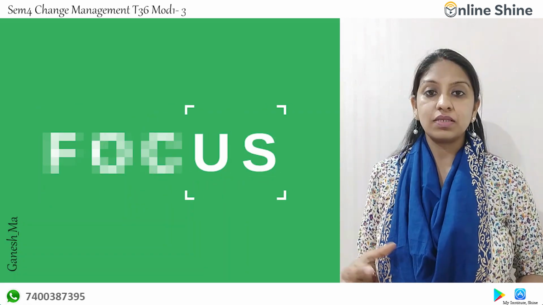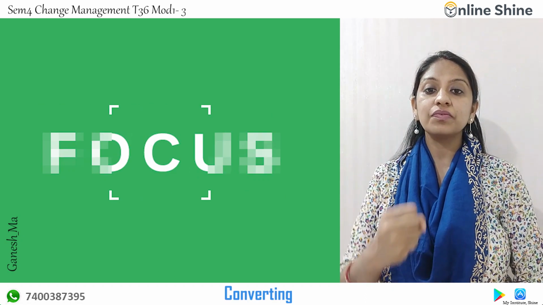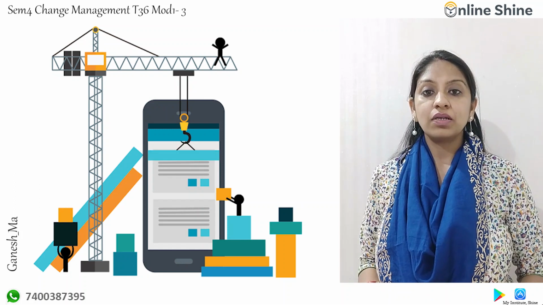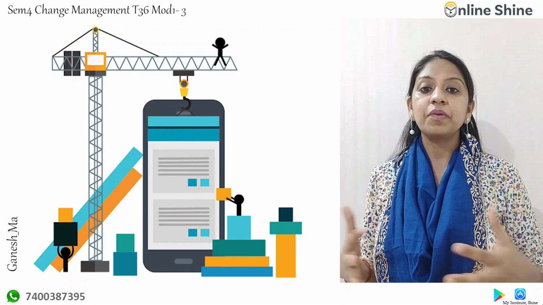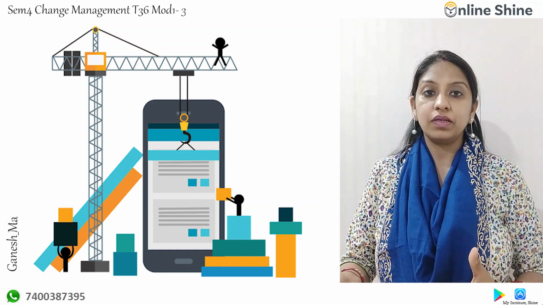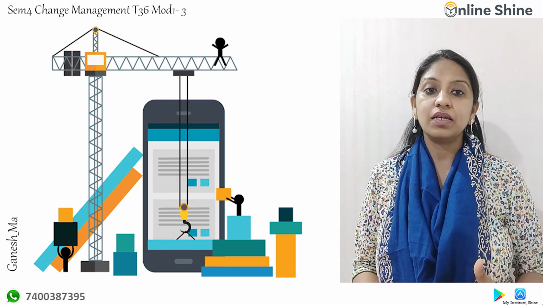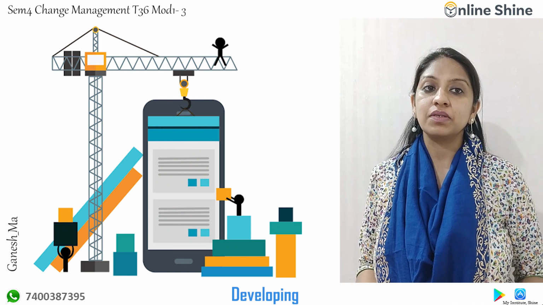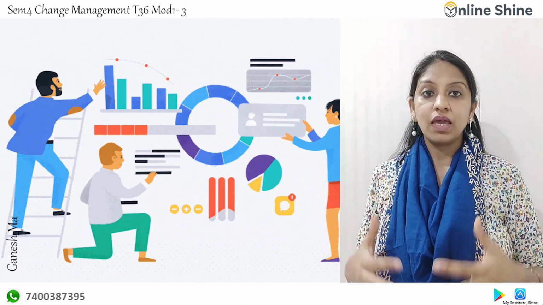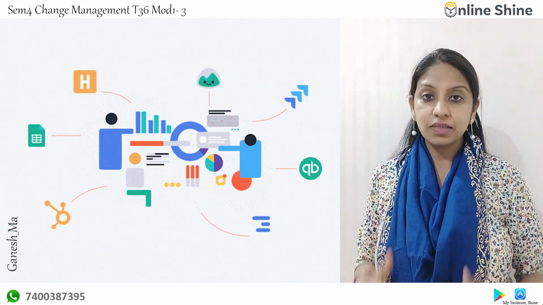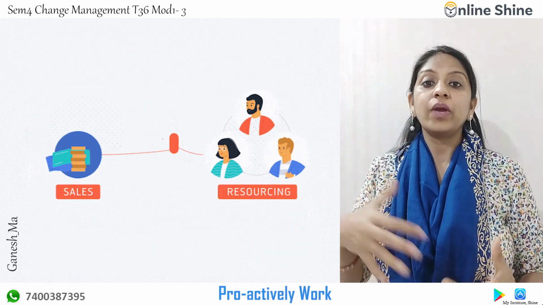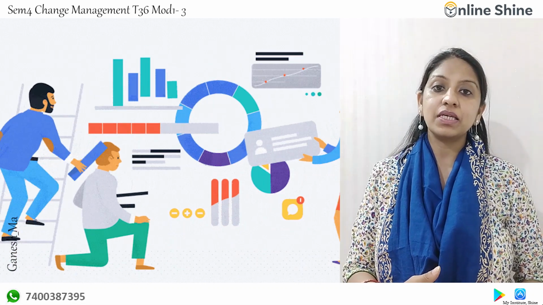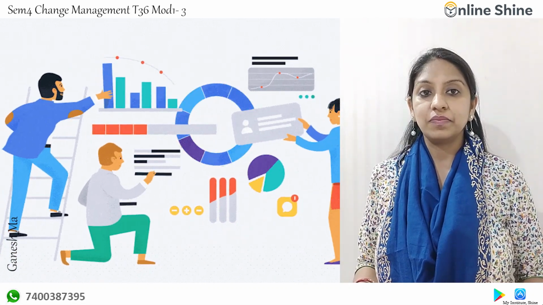So action research focuses on converting the information into action. The action research model improves an organization's preparedness in proactively responding to change in advance and developing the internal mechanism. It means whatever change comes, they proactively work on it and implement that change in the organization.